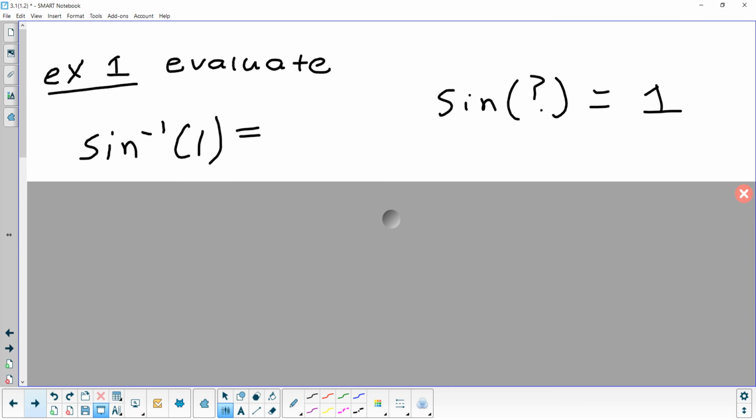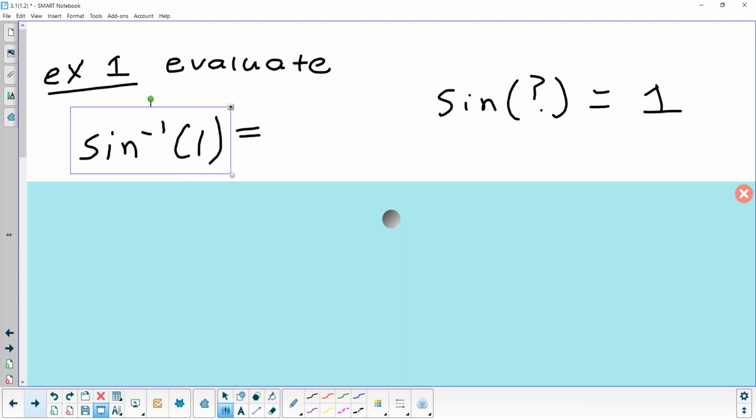What angle can I take the sine of and get 1 as the answer? I don't always rewrite it that way, but I'm just showing you what this really means. So the way you use the chart, you look at the sine column, you go down the sine column until you find a 1, and then you read off the angle in that row.